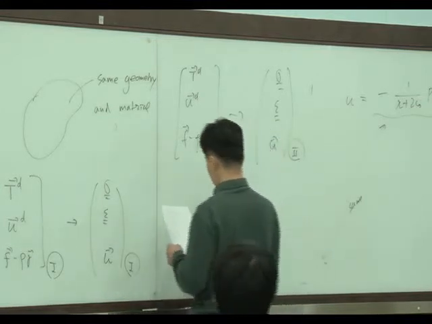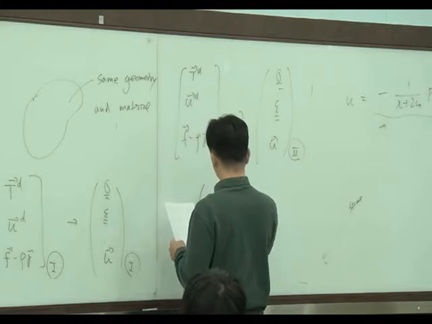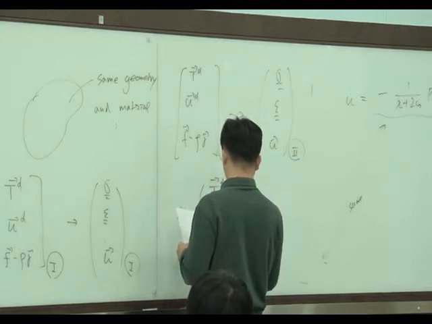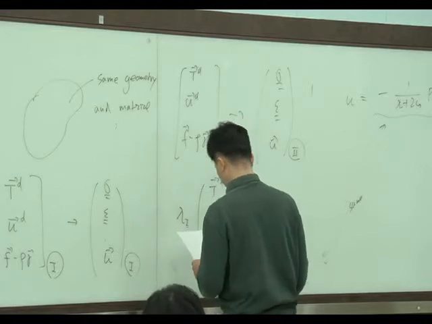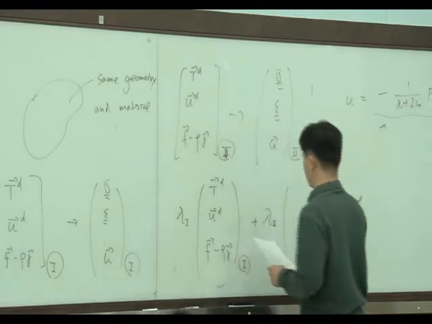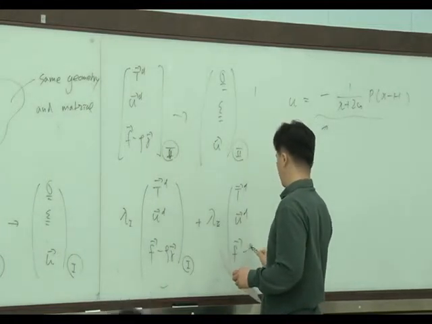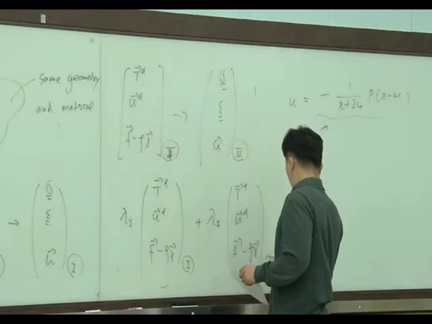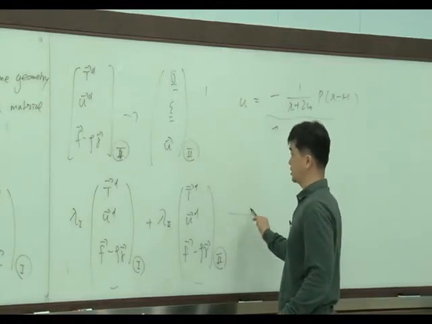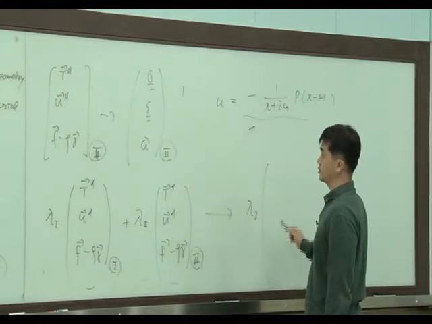So this gives a solution lambda 1. Lambda 1 and lambda 2 are some constants.